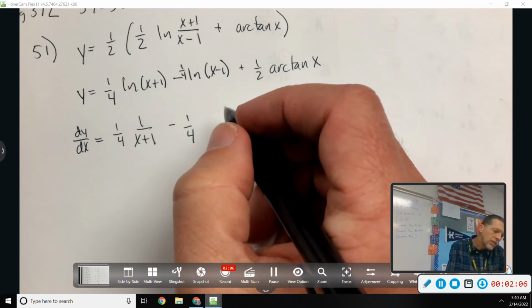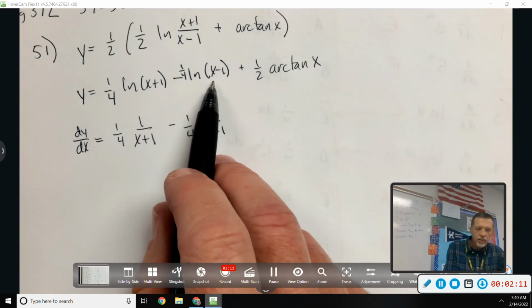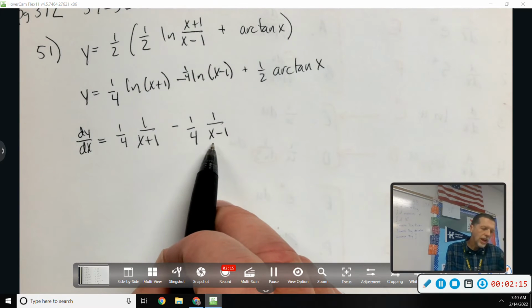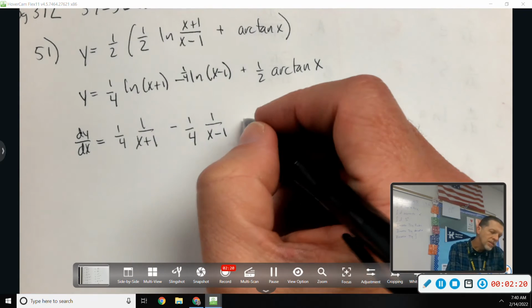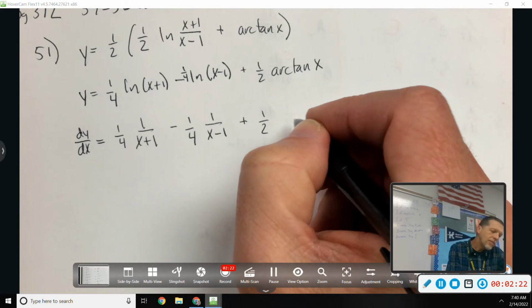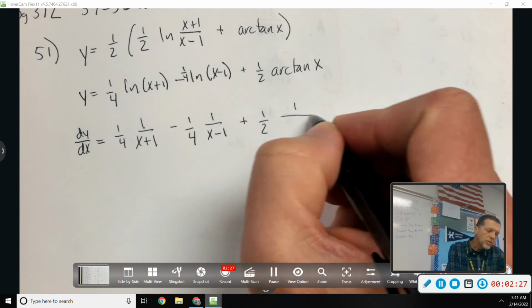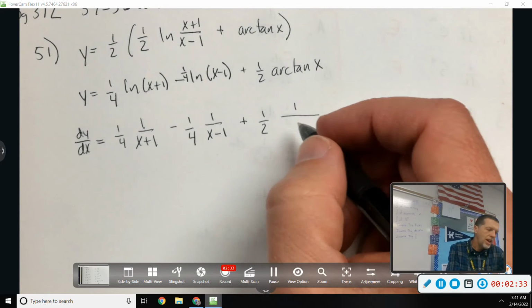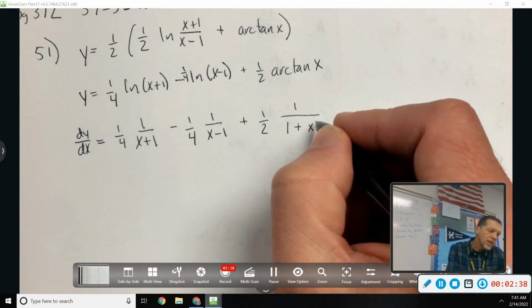Minus 1/4 times 1 over x minus 1, because that's the rule for natural log, 1 over the argument, times the derivative of the argument, and the derivative of x minus 1 would just be 1, so we're good there, plus 1/2, and then the derivative of arctangent is 1 over, let's see, there's not a square root on the tangent one, and I am 95% sure it's 1 plus x squared.